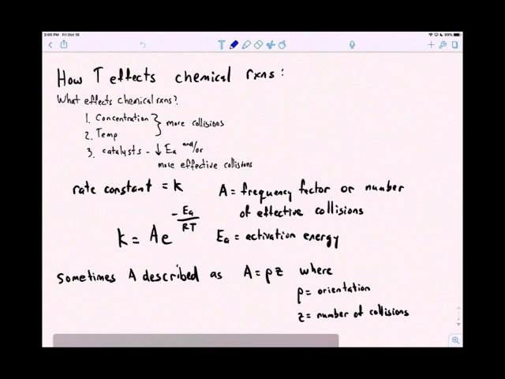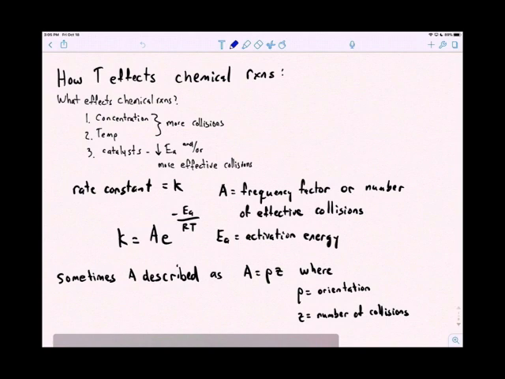Why do they slow down? Because they have electron clouds around them. Electron clouds repel, and if there's not enough energy for them to approach each other, they just bounce off. That's part of the reason why activation energy is important, because you have to overcome that electrostatic barrier between the electron clouds.